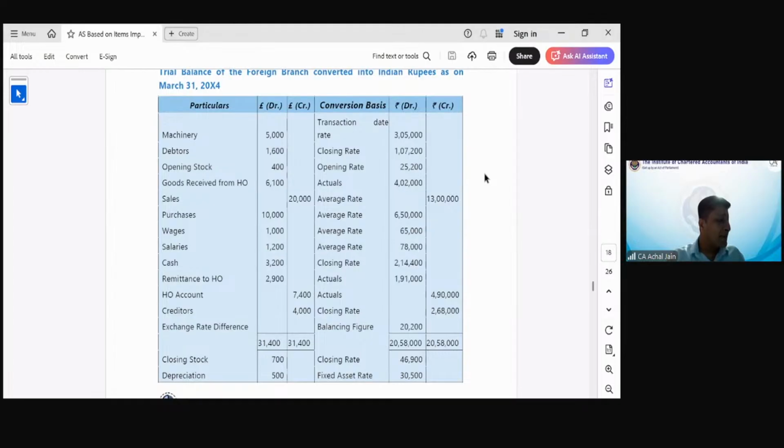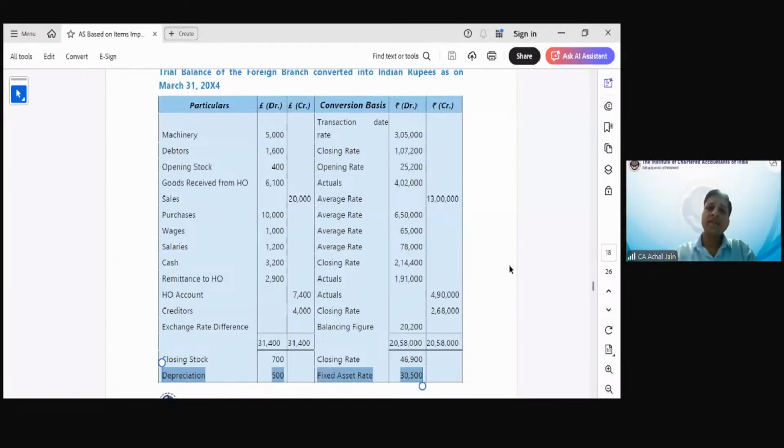In respect of depreciation, the depreciation is charged on the machine, and for the machine you use the transaction date rate. So on the depreciation, you apply the same transaction date rate.